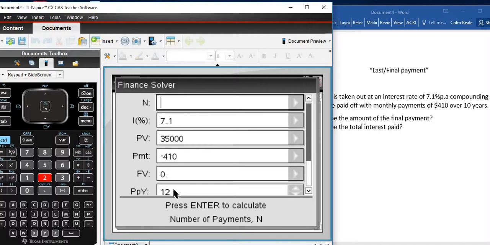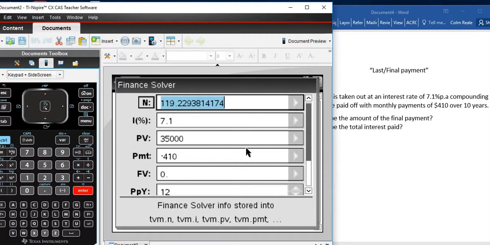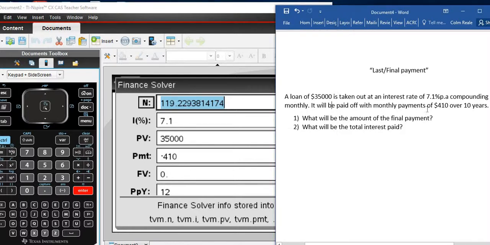Now I'm just going to go back up here and take a look at N. We're told in the question that we're going to pay it off monthly over 10 years, so every month for 10 years, which is 120 months.